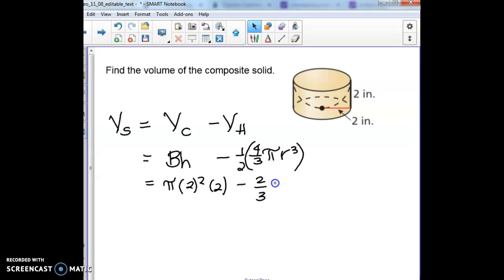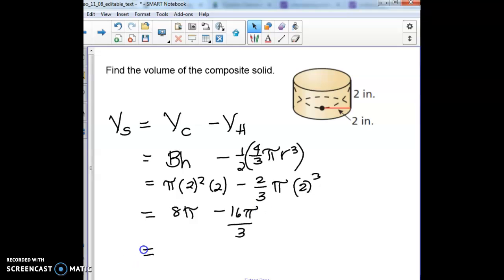Okay, so 2/3 pi, your r is 2, raise it to the third power. So let's simplify further. 2 squared is 4 times 2 is 8, so 8 pi. 2 cubed is 8, and then times 2 is 16, so minus 16 pi over 3.